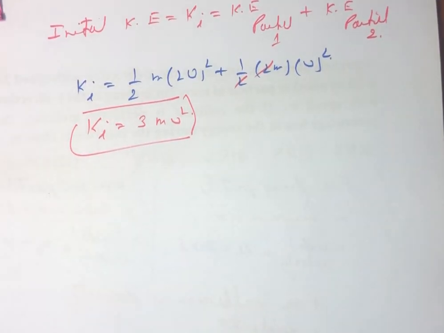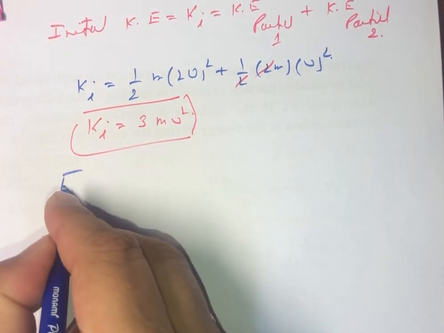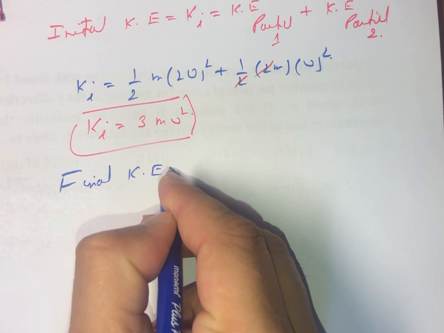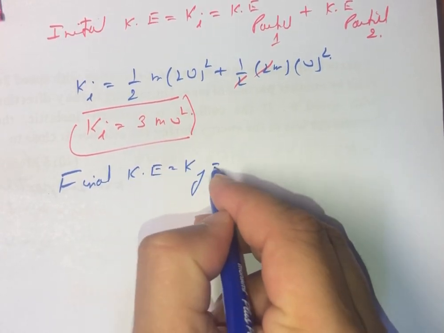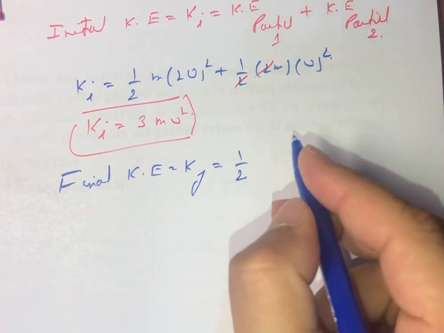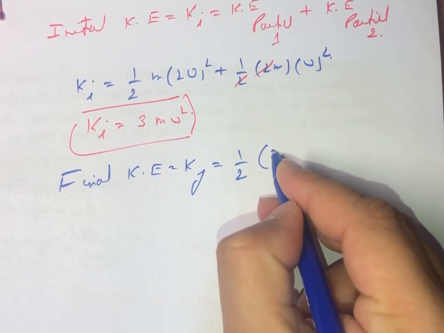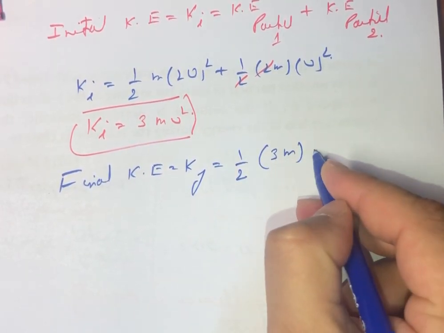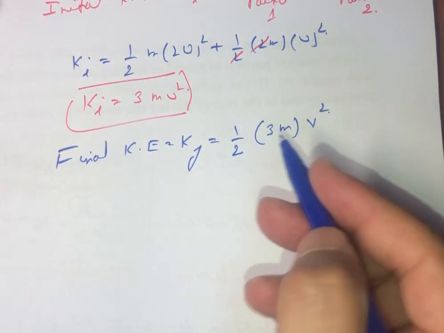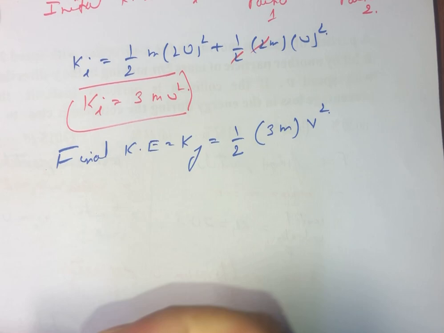And final kinetic energy Kf will be equal to half the mass combined together, so this will be 3m and we have V square, and we already know V, we substitute it here.